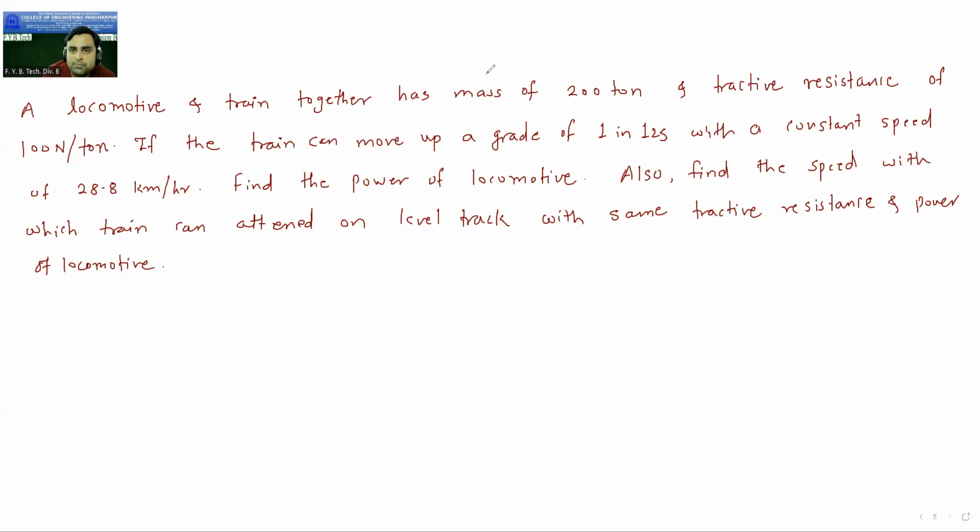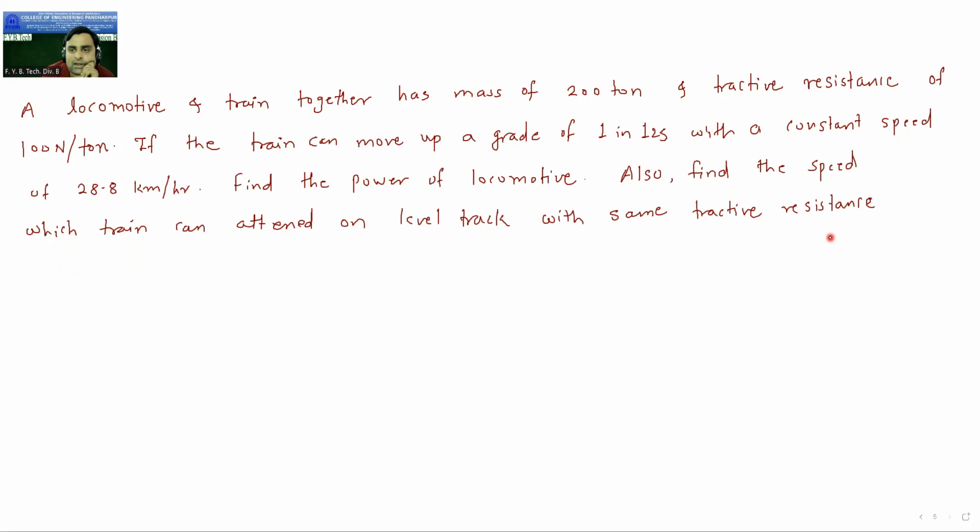Then also find the speed of the train, it is the second part: the speed which the train can attain on level track with same tractive resistance. So this is the problem.